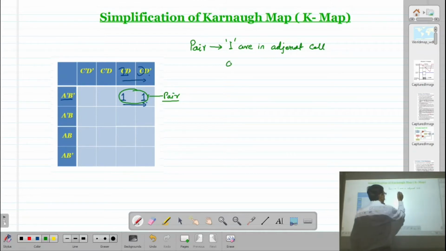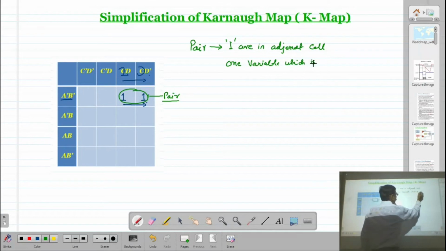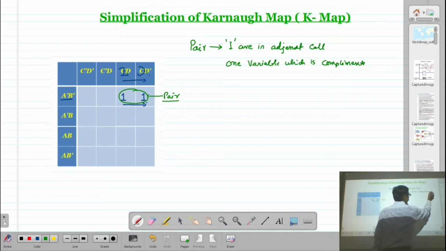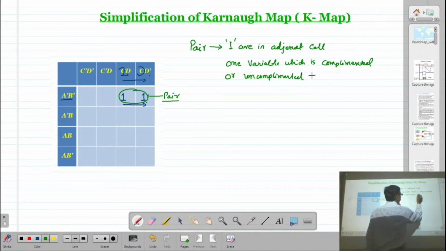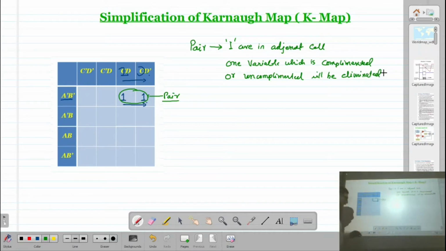So the one variable which is complemented or uncomplemented will be eliminated. Remember.